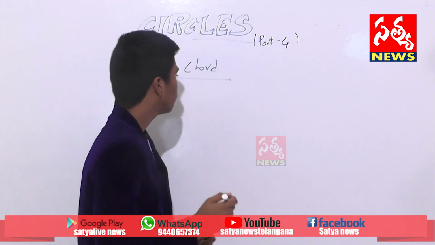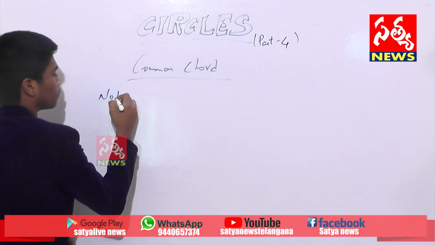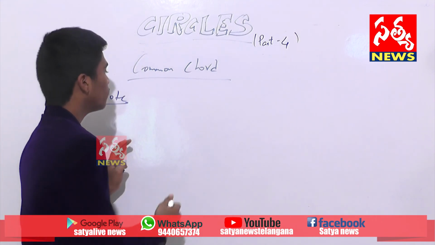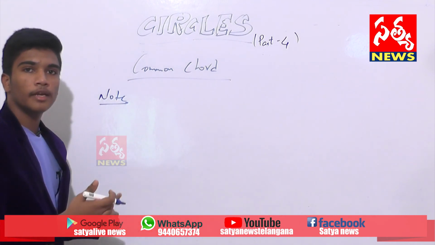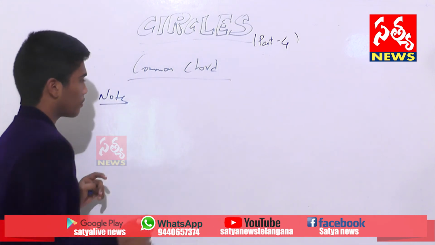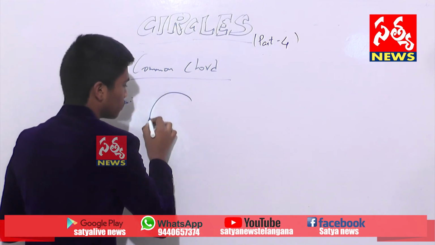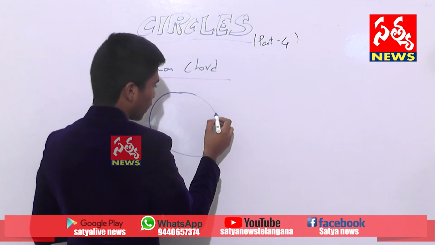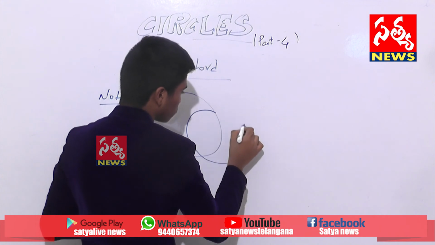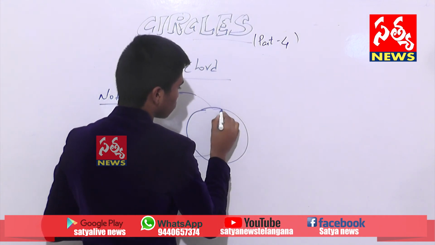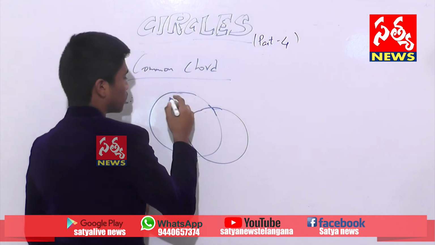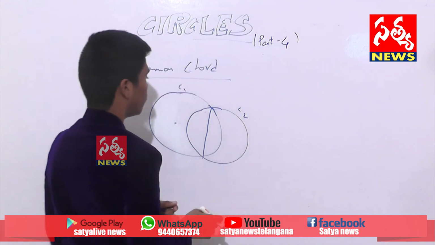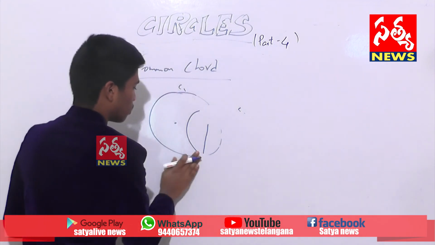And points to be noted: the common chord is maximum when one circle is intersected with the other circle such that the common chord becomes the diameter. See, this is the condition. This is one circle and this is circle C1, this is C2, where it is not to scale.